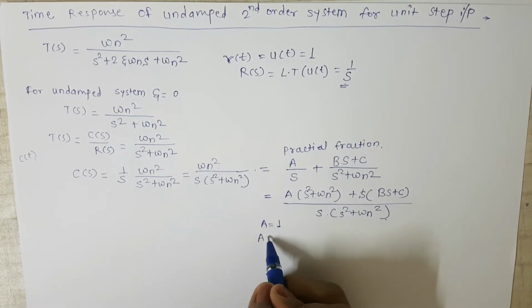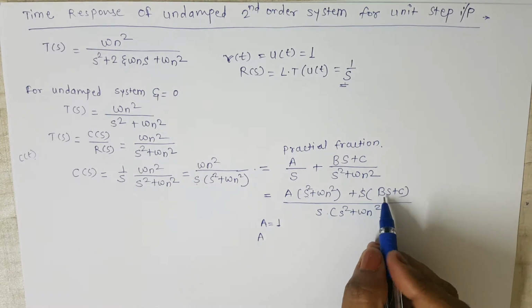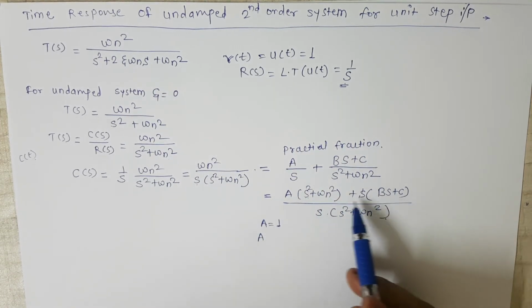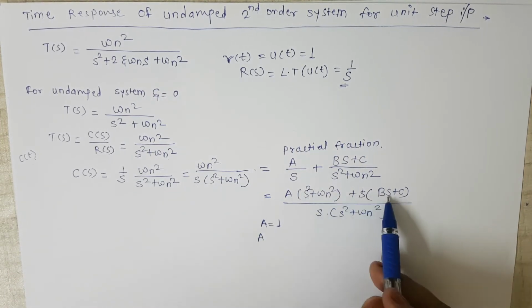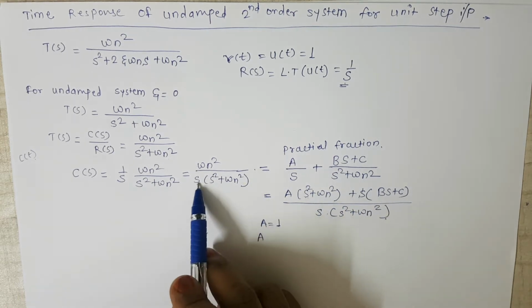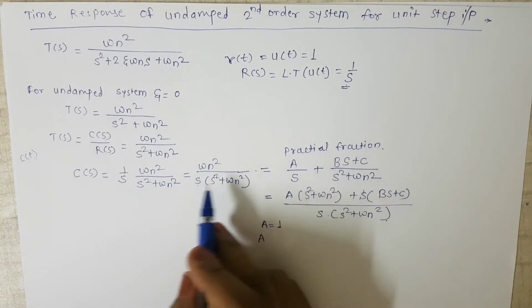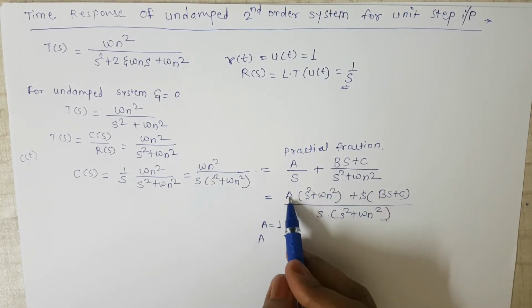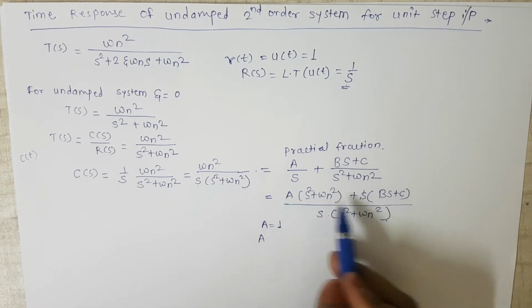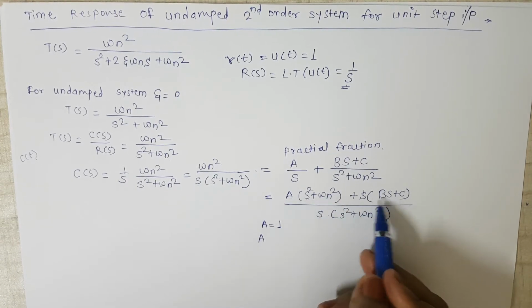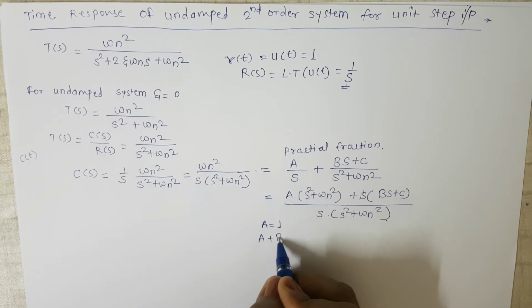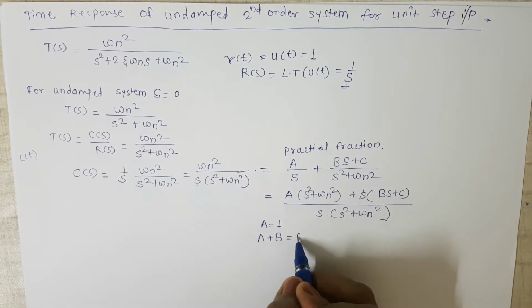Then I will compare with S. Here you can see S square terms are over here, so A plus B is equal to 0.